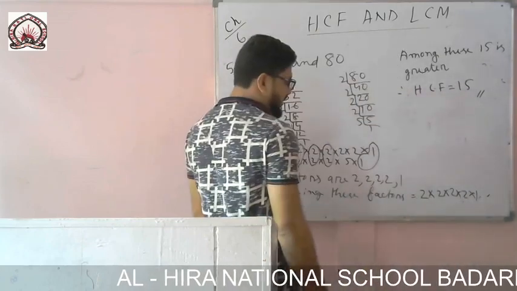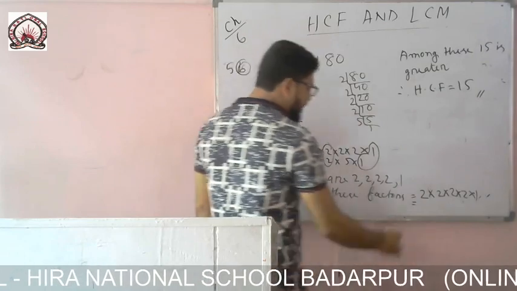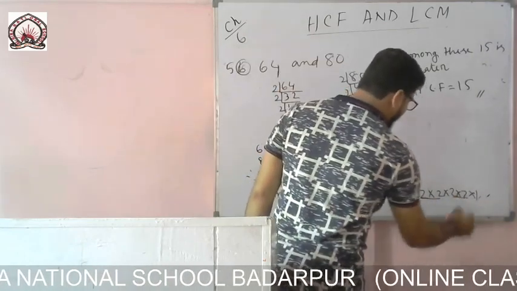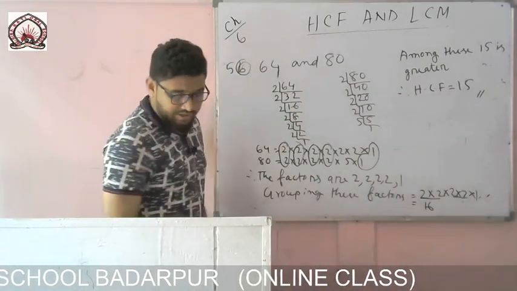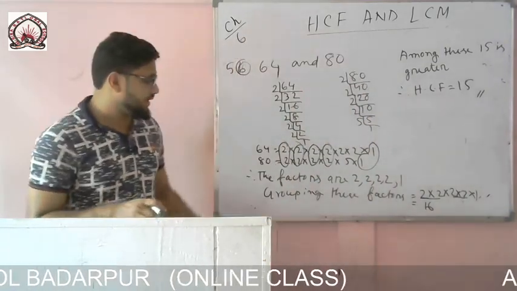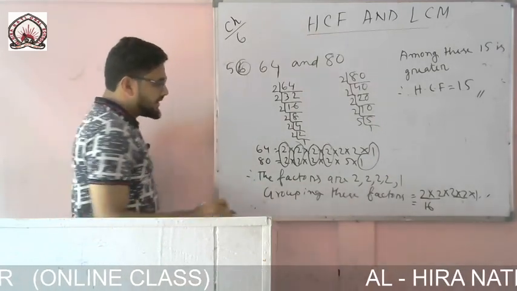That means 2 2s are 4, 2 2s are 4, 4 4s are 16. We got 16.